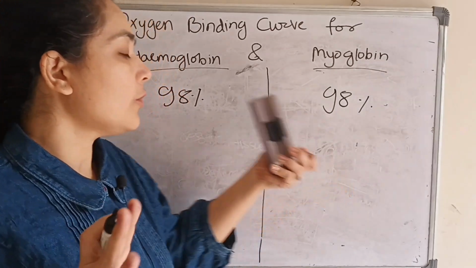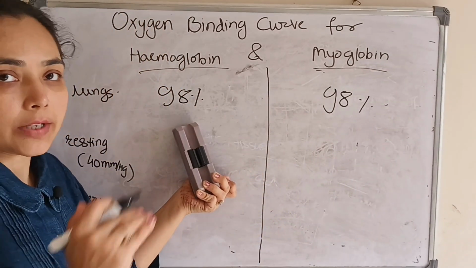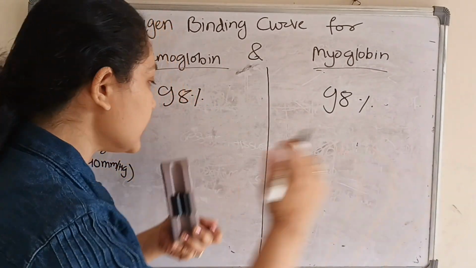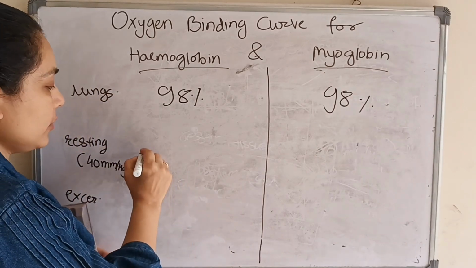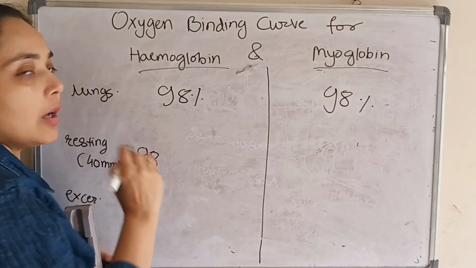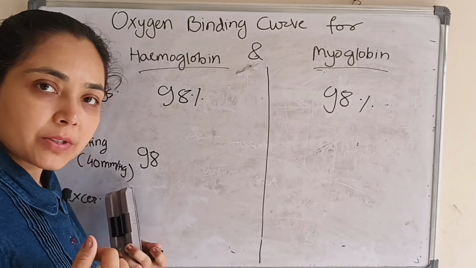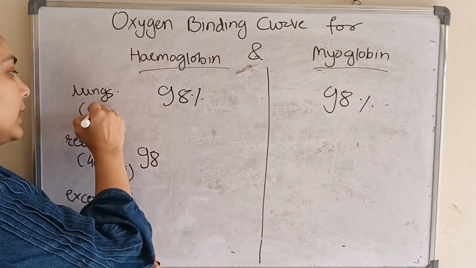So myoglobin is also fully saturated and hemoglobin is also saturated. As we move on to the resting tissues, in the resting tissue, the partial pressure becomes less, here it is 100.